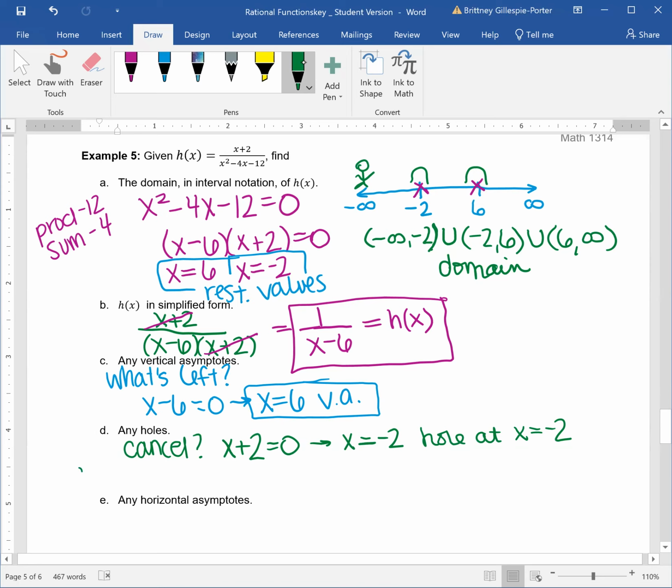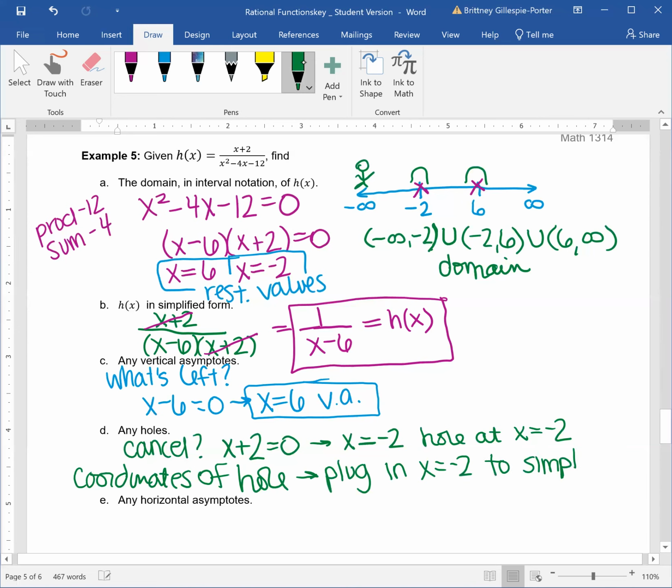But let's say that you're asked to find the coordinates or the point where there is a hole. If we have the x value, we're going to plug in our x value to the simplified h of x.